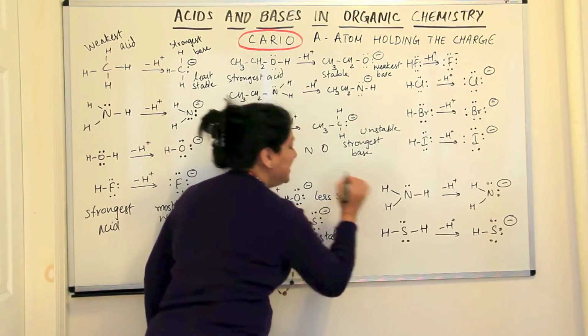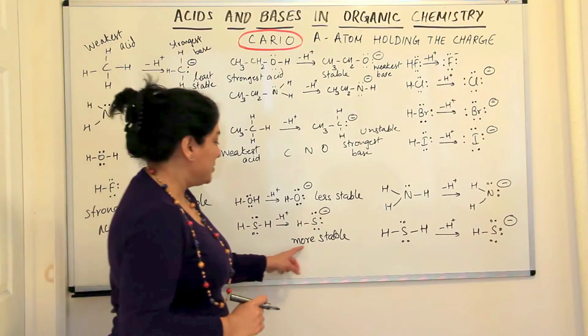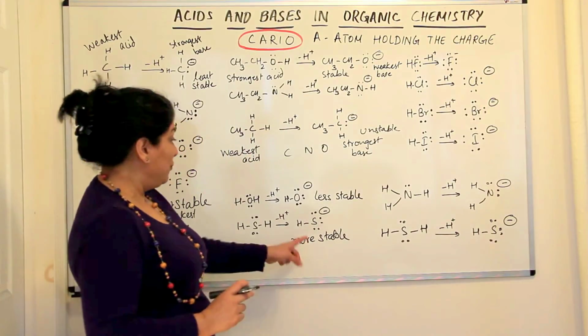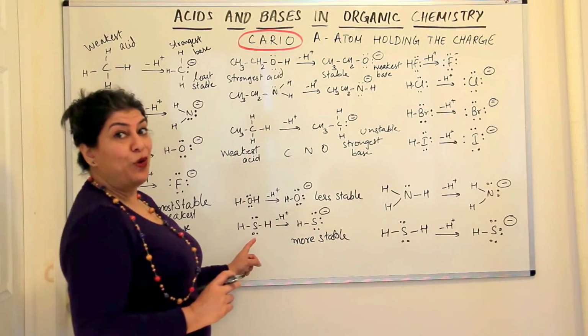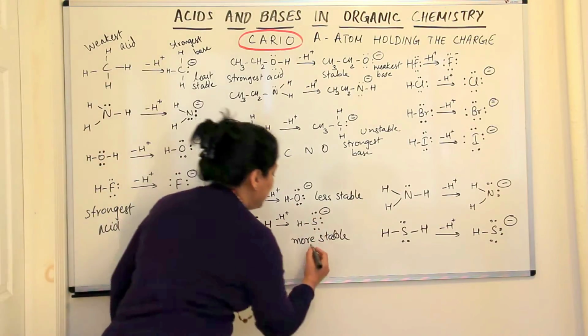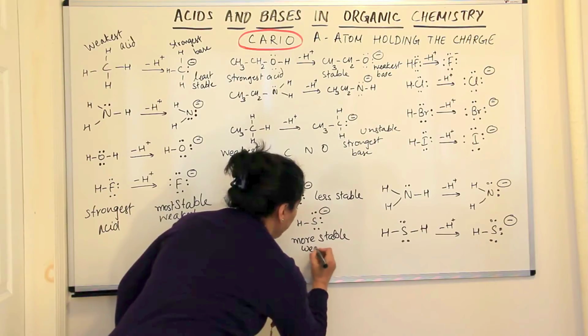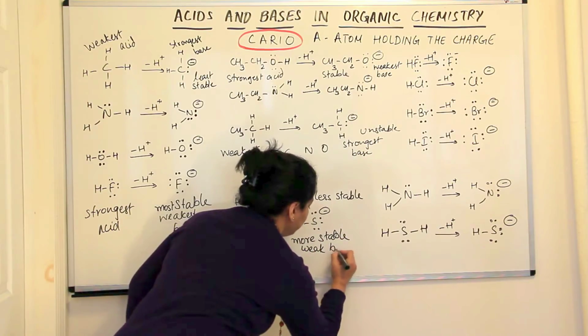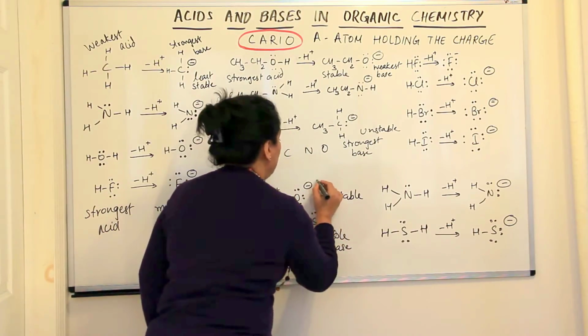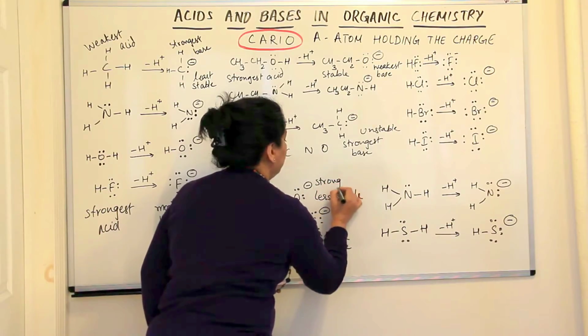So what does stability tell us? If this is more stable, it means it would not react back to form the H2S. Therefore, this is a weak base, less reactive base, while this is a strong base.